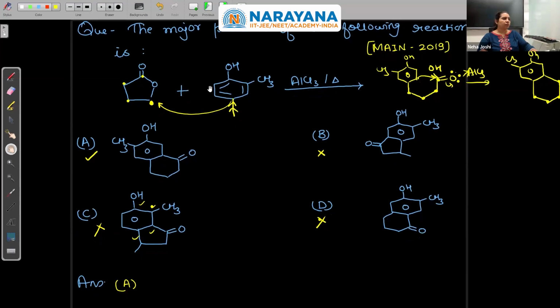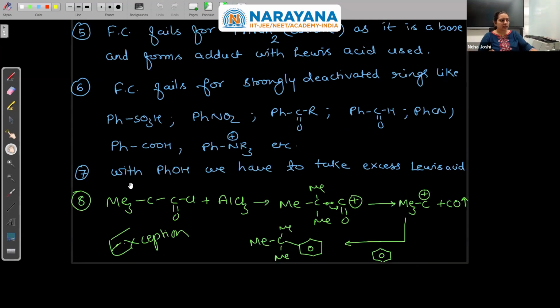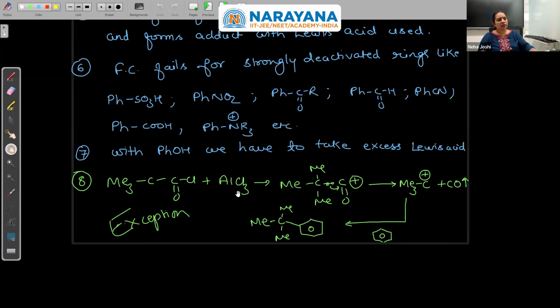Okay, moving further, for the same alkyl group with AlCl3, the order is RF, RCl, RBr. This is a copy paste of what we were writing there. Same things will continue. One extra point I will add is Me3CCOCl, AlCl3. Yes, the more stable carbocation is this.